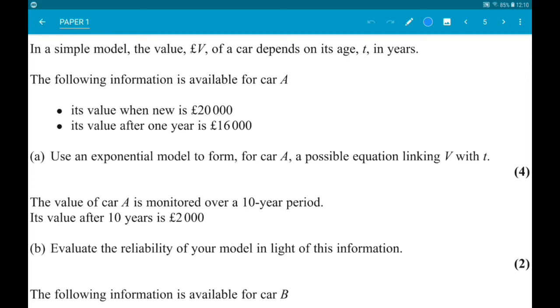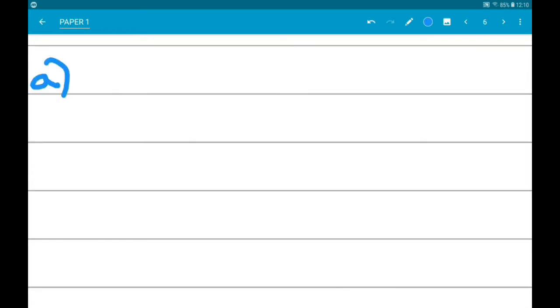Alright, so we know its value is decreasing, so we can say v is a e to the minus kt.